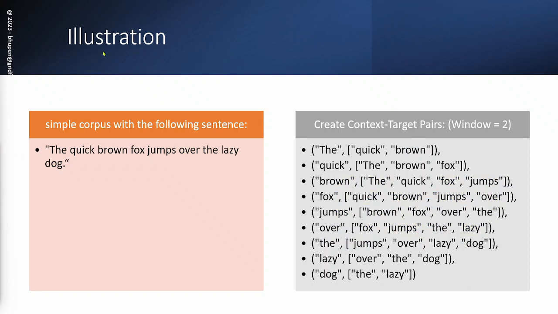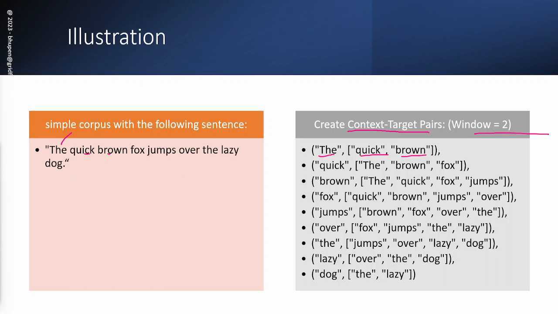For illustration, let's take the sample sentence: quick brown fox jumps over the lazy dog. Then the positive pair for window 2, for example, if brown is the target word, the surrounding words are going to be quick and fox.